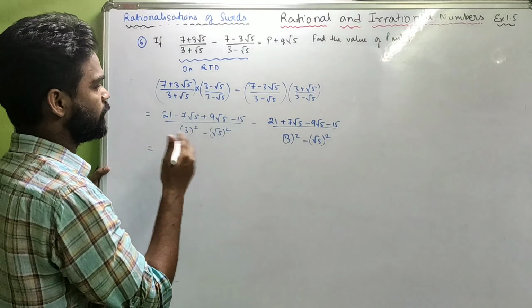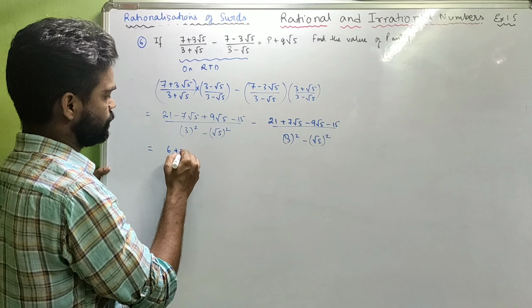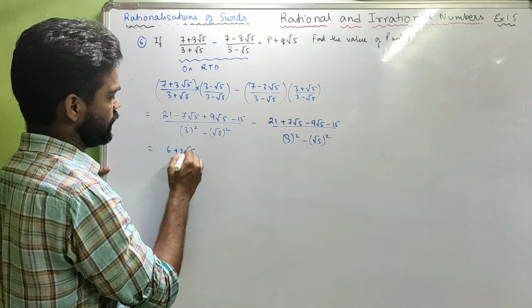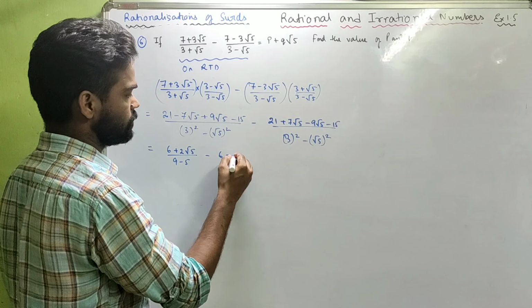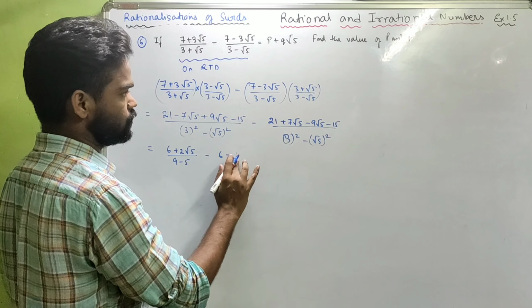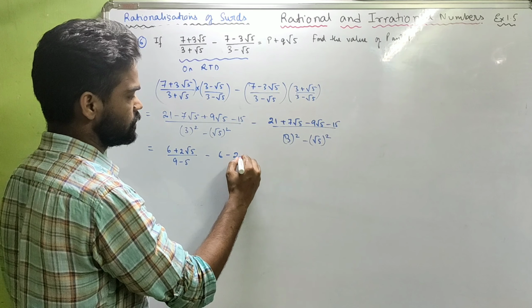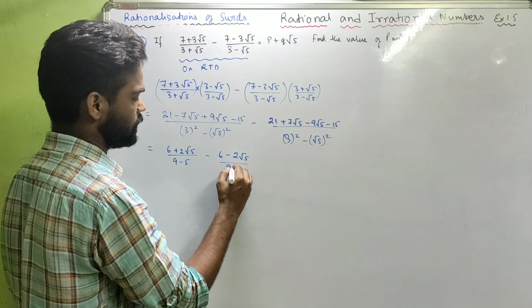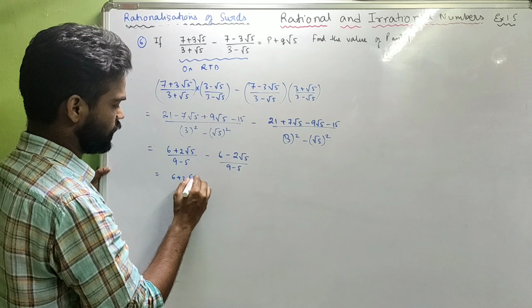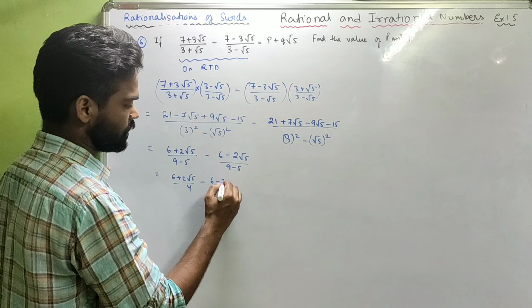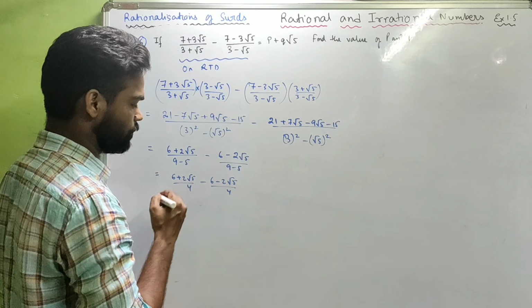So this is 21 minus 6 plus 2 root 5 by 9 minus 5, minus this is 6 minus 2 root 5, because 7 minus 9 is minus 2 root 5, by 9 minus 5. Which is 6 plus 2 root 5 by 4 minus 6 minus 2 root 5 by 4.